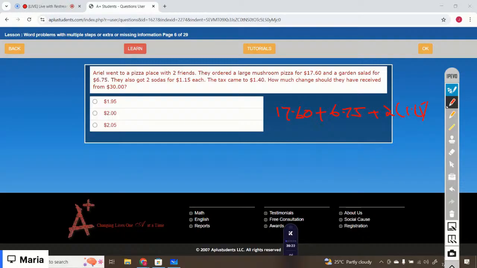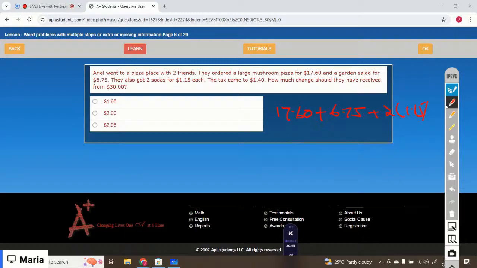17.60 plus 6.75. 2 times 1.15 is 2.30, plus 6.75 plus 17.60, that makes 26.65, right?